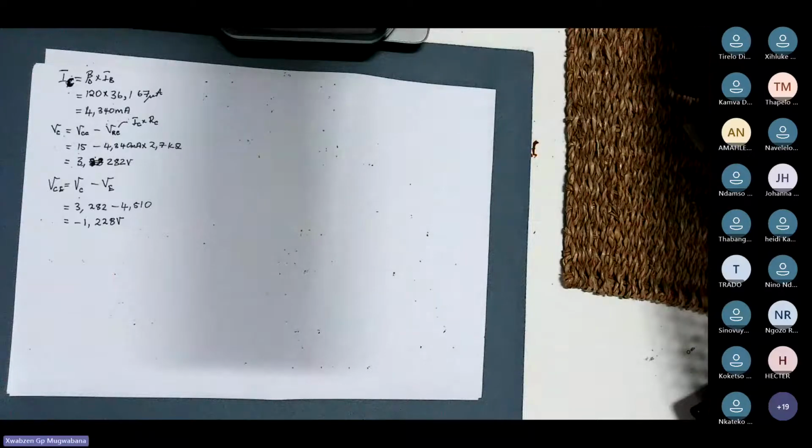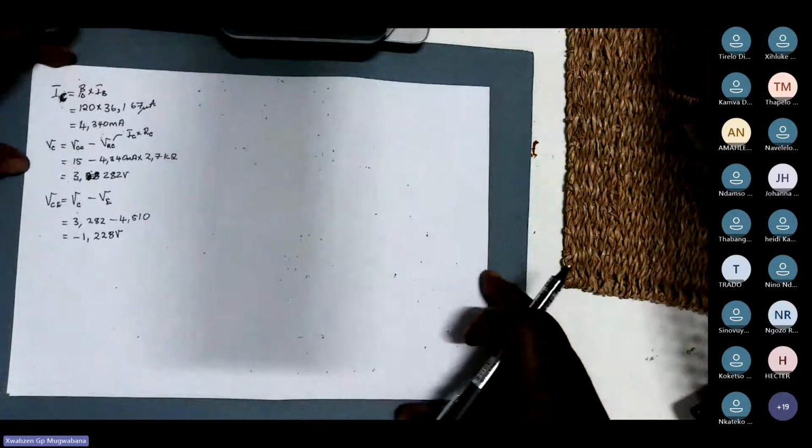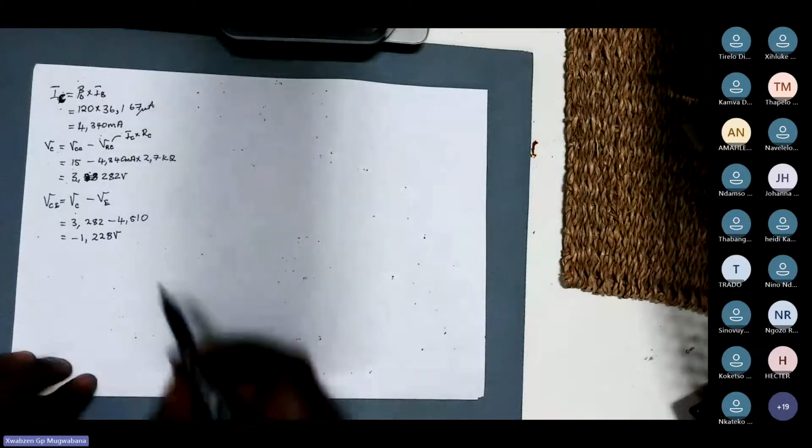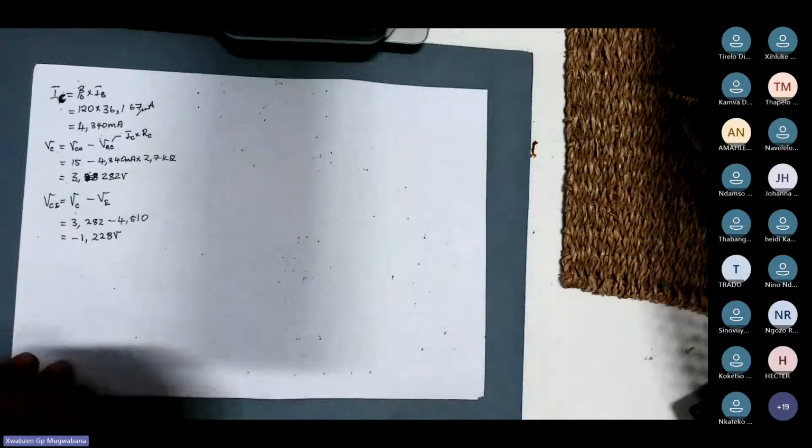Yes, sir. Good. Now, for me to determine this collector characteristic curve, I will say it will be based on the following categories or regions.